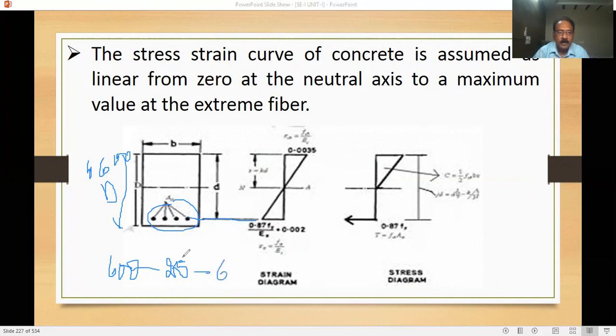Here, 25 is the clear cover and 6 is half of your diameter. So effective depth is defined as total depth minus clear cover minus half of the diameter. So that is the effective depth.